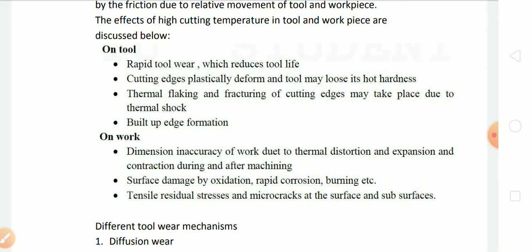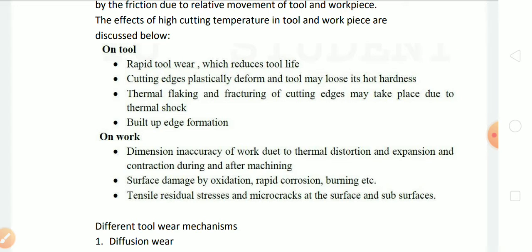And the third one is tensile residual stresses and micro cracks at the surface and subsurfaces. That means the residual stress that you have studied in materials engineering and metallurgy. When the tool is accurate in dimension and there are no stress raisers, the workpiece will be perfectly usable.